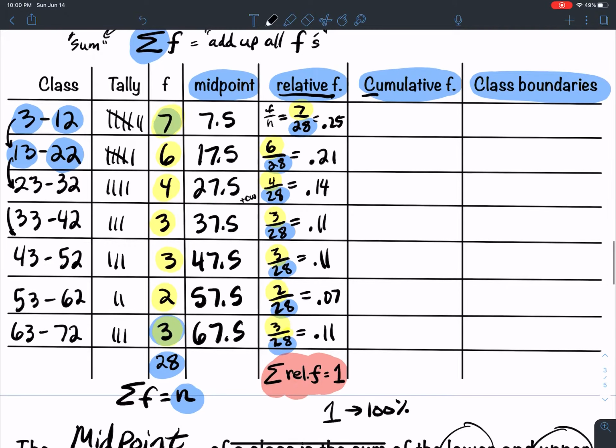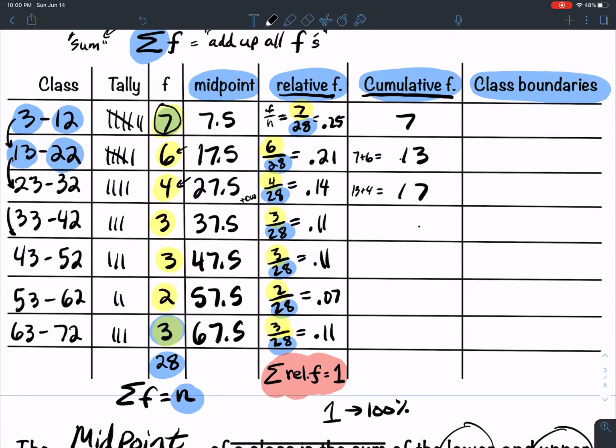So the cumulative frequency here starts in the first class, we have 7. But the next class, we add 6 to that. So we take 7 and we add 6 and we get 13. To get the next score, I look at how many I scored in this one. I scored 4. So I take my 13 and I add 4 to it. I get 17.